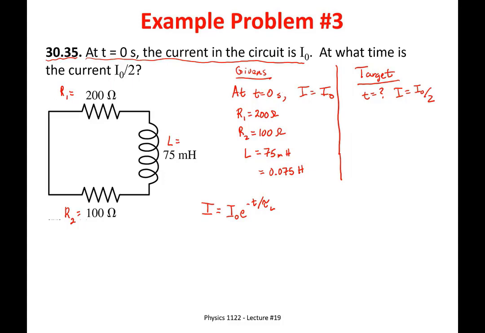And to simplify our circuit so that it looks more like just a single resistor with an inductor, we can combine the two resistors in series. And so we can redraw our circuit with a single resistor.